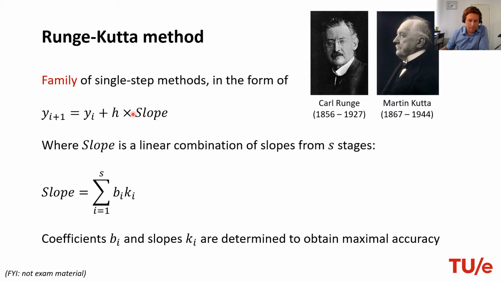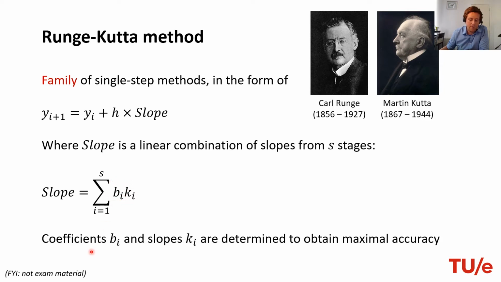Now, this slope that we use in order to update the solution to the next step is a linear combination of different slopes from multiple stages, from S stages, where S can be 1, 2, however many you want. So we can rewrite this slope as a linear combination of slopes Ki with coefficients Bi.